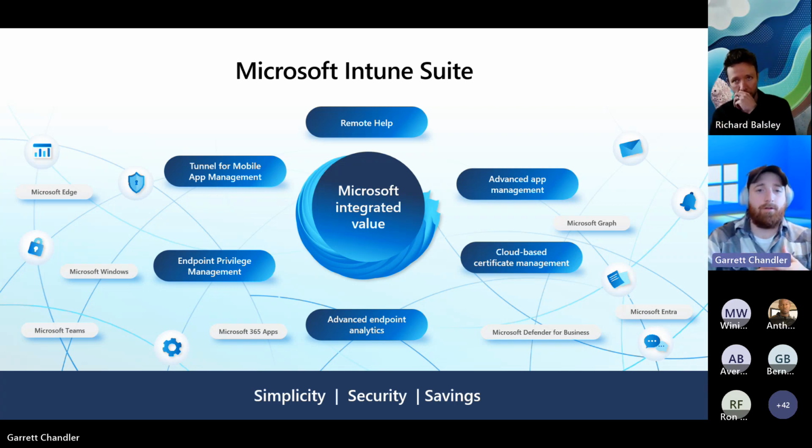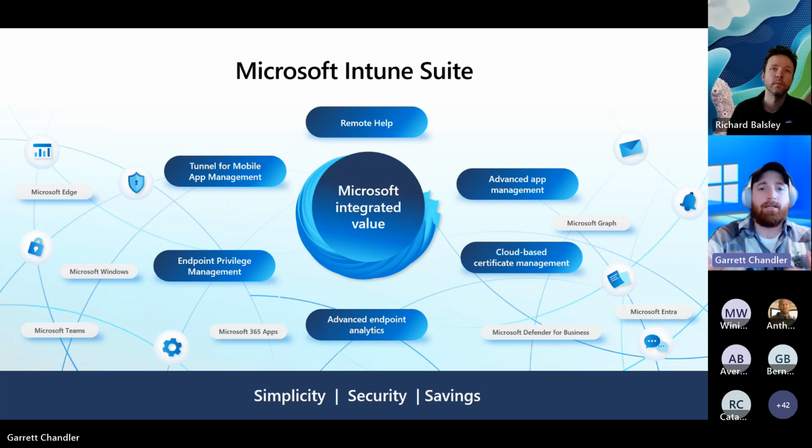Awesome. I'm going to skip over cloud-based certificate management right now, and jump to advanced app management on the upper right quadrant, if you will. So advanced app management is going to basically be third-party patching for applications on Windows right now. We will be able to patch your applications that are in your environment today, understand which applications are in your environment.